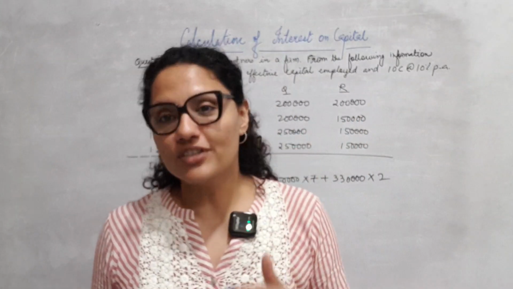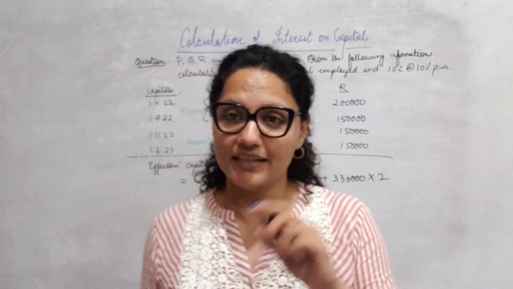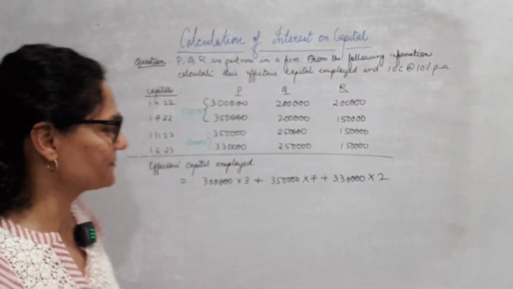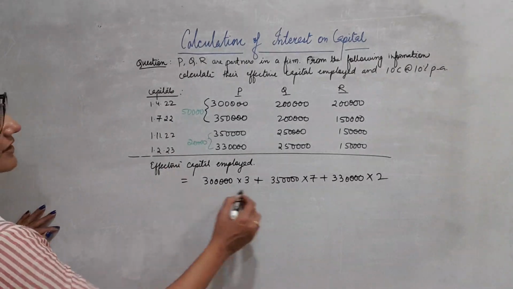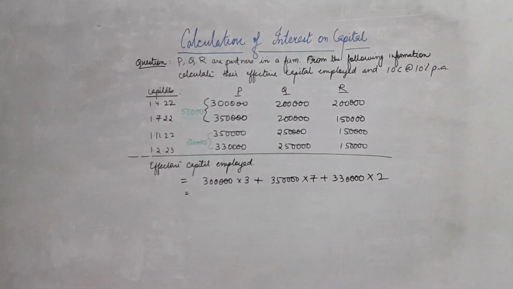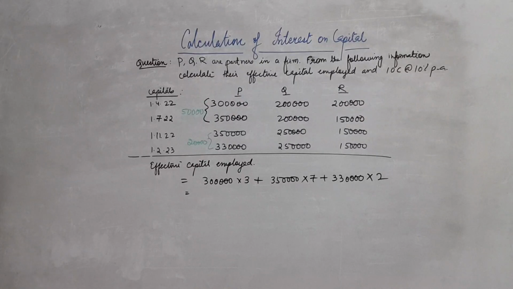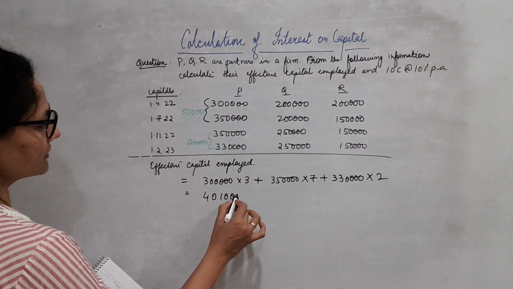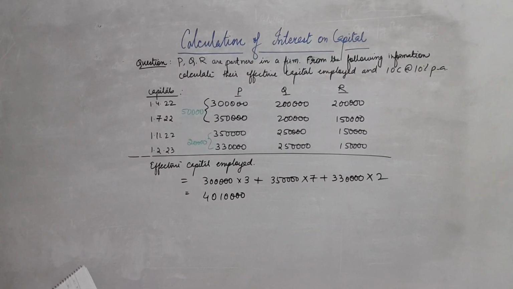So please check whatever you are doing, there is always a cross check. Well, not always, but mostly. Now this will give you your effective capital employed. So please calculate that. That should come to 40 lakhs 10,000.